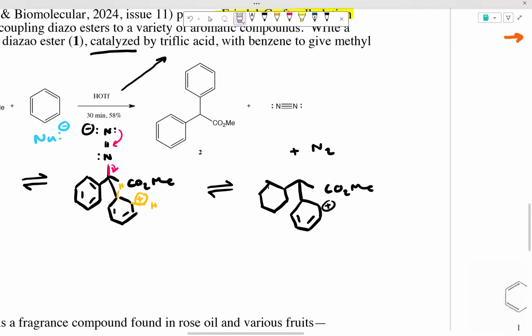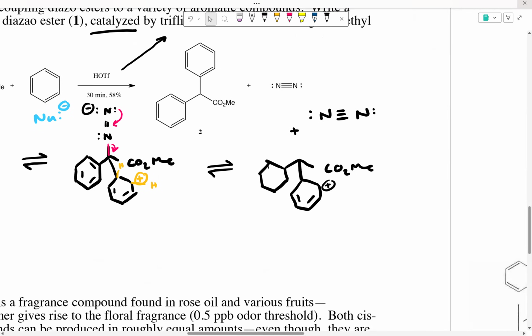Let me draw this, this is how it's going to look. And because both nitrogens have five things bonded to them, there are no more formal charges attached to the nitrogens.